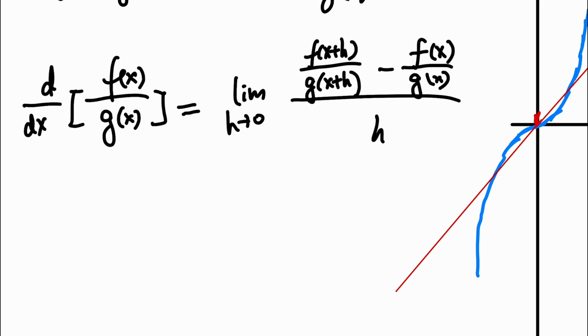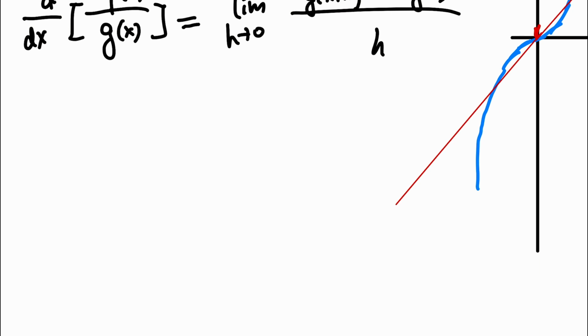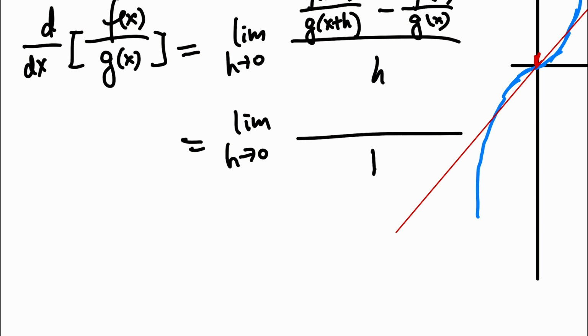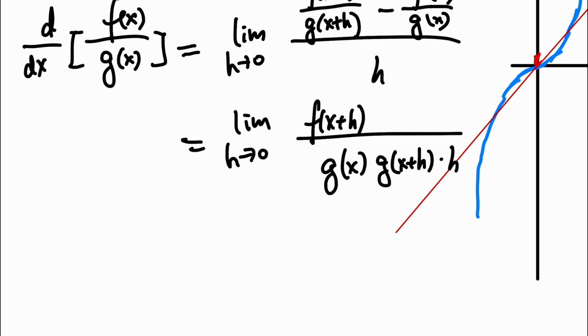And obviously you can bash it out if you want, but there is a clever trick. Let's just do the basic steps to get rid of this kind of complicated fraction. So that's g of x times g of x plus h times h. And the numerator is f of x plus h g of x minus f of x g of x plus h.